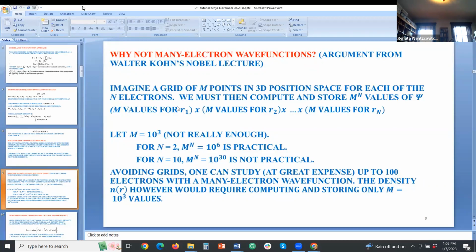On the other hand, the density, n of r, would only require computing and storing m equals 10 to the 3 values in this example. That shows you the computational advantage of using the density instead of the wave function, if possible. Because the density is a low-dimensional object. It just lives in a 3-dimensional space, and the wave function lives in a 3n-dimensional space.